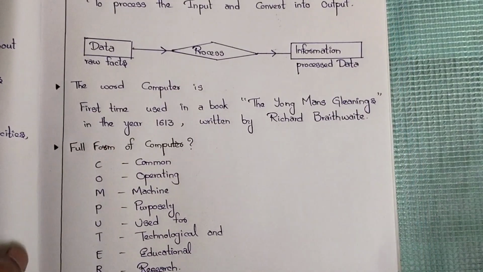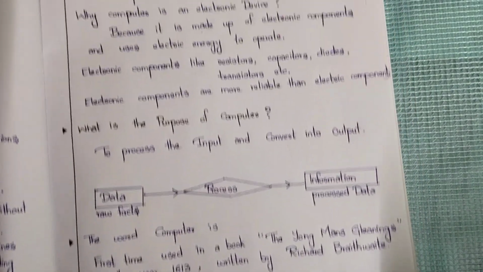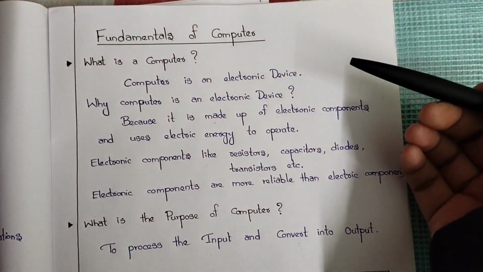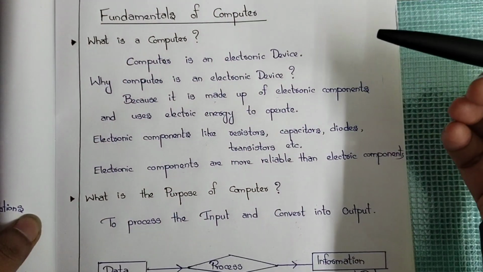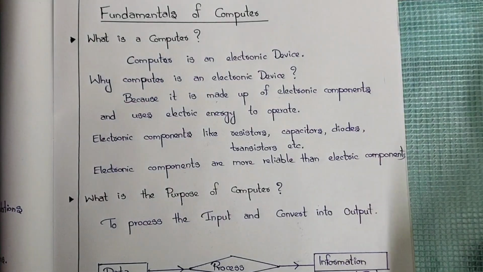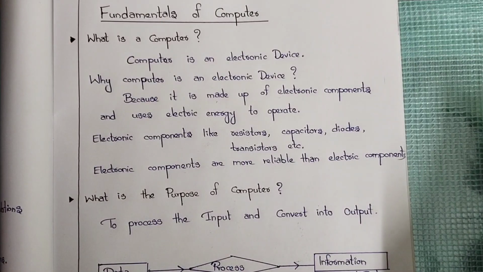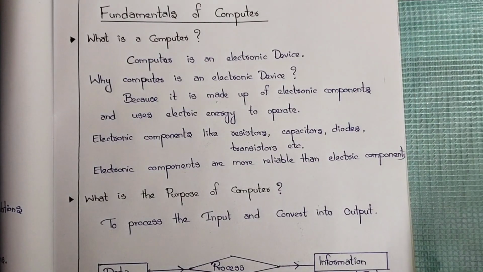So what have we learned thus far? First, we talked about what a computer is. We came to an understanding that a computer is an electronic device because it is made up of electronic components, and these electronic components are more reliable than electric components.